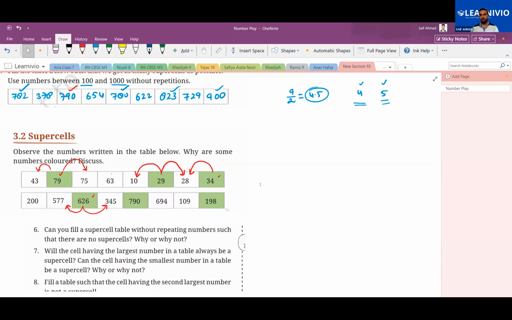Make a table having 10 or 12 cells and write 2-digit or 3-digit numbers here.